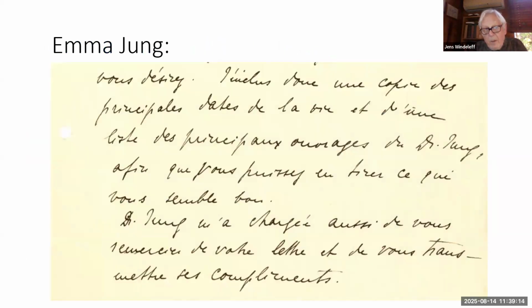And here we come to Emma Jung. I think it's a wonderful handwriting, and at that time we are in the late 1910s, I think it's after the war. I think that she is more developed than any of the other female companions.